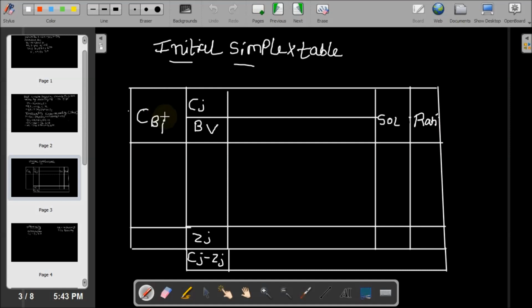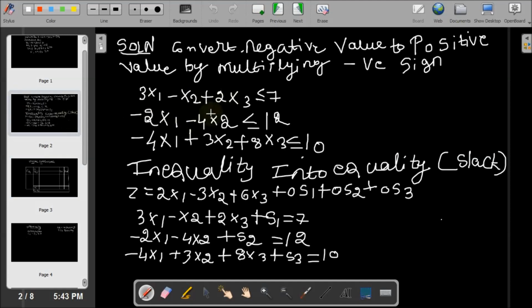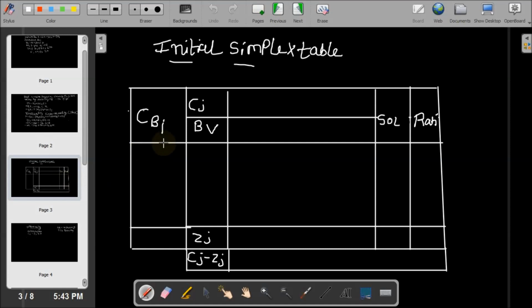See here. So, how to construct Cj? Cj is very simple. To construct Cj, you have to see the value of the Z, what is the coefficient value of here. So Cj, first I will take up the basic variables, then I will calculate Cj.